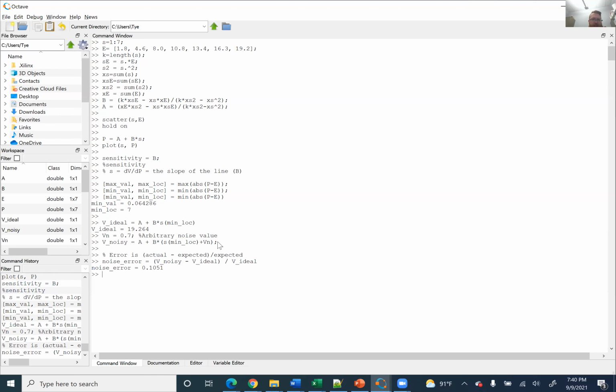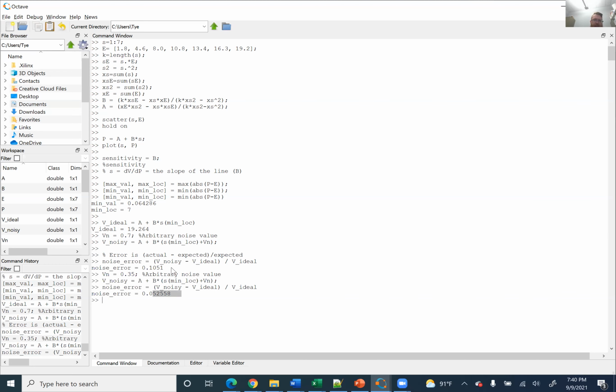Now, theoretically, I could change VN, right? And we should see something like, if I do roughly half of that, I guess exactly half of that, and I have this new VN, then I can rerun this noisy equation and pop up the noise error, which is now 0.5, right?